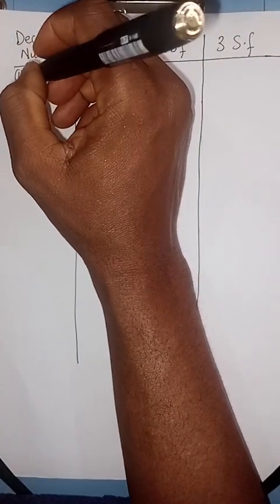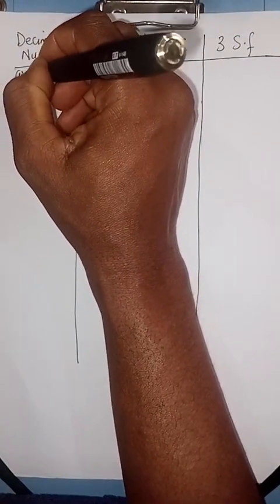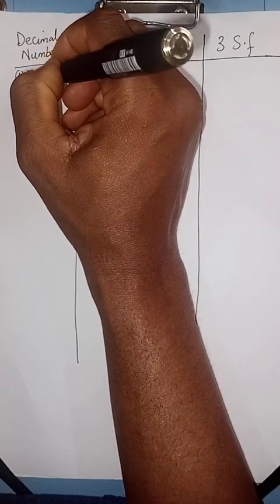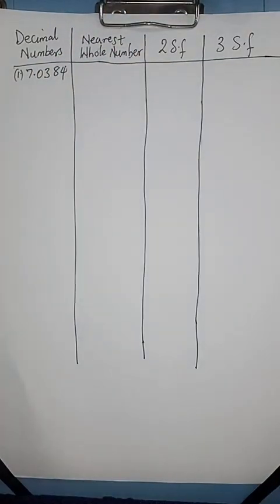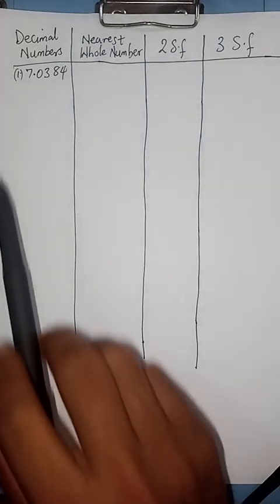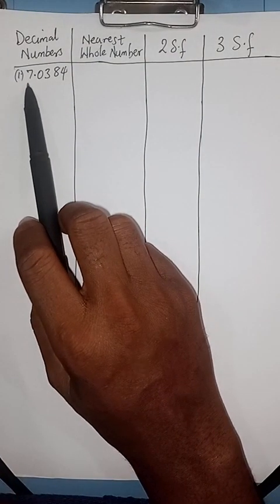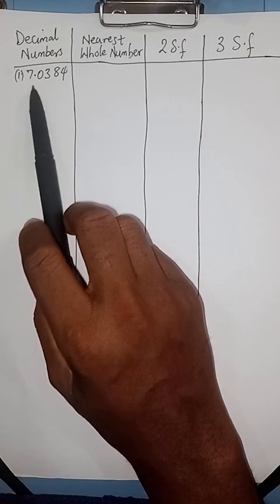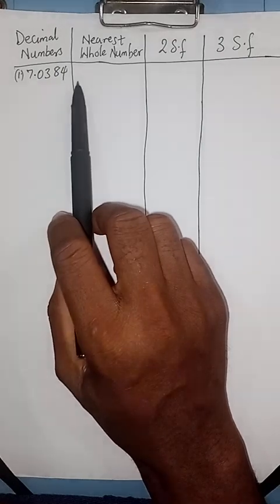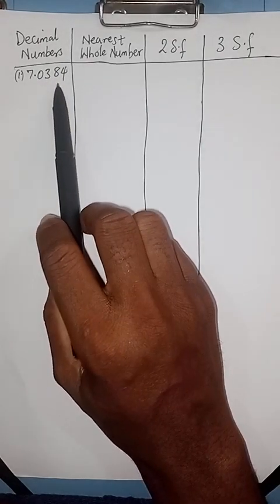And let's start with the first one. Let's assume I have 7.033384. Now round this number to the nearest tenth. Sorry, nearest whole number. I'm rounding this number to the nearest whole number. Recall I said that the digit before the decimal point is the whole number, while the digits after the decimal point are the fractions.